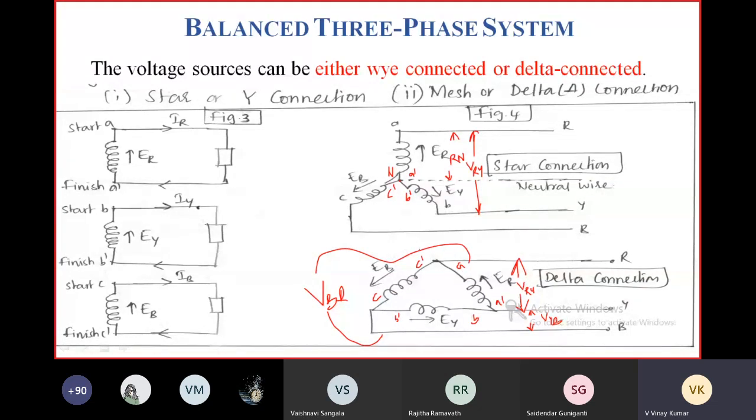In case of delta connection, phase voltage is equal to line voltage, whereas in case of star connection, phase voltage is different than line voltage.